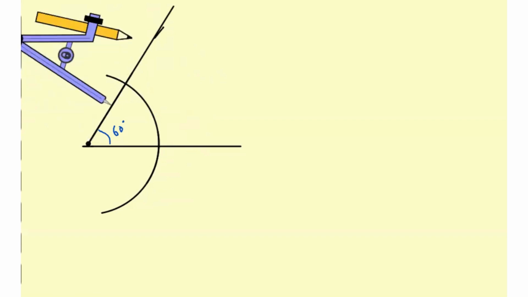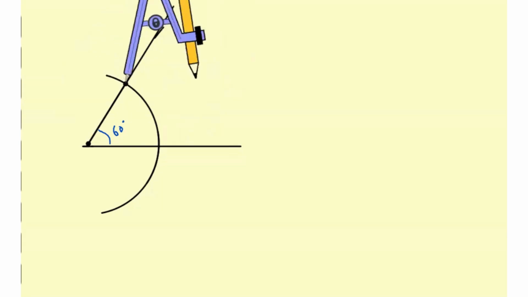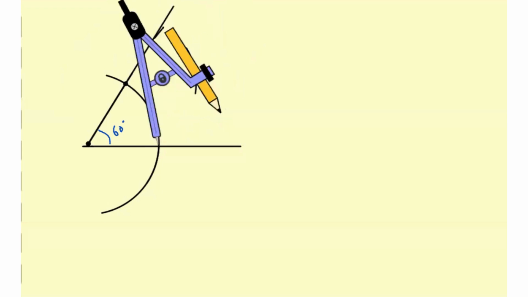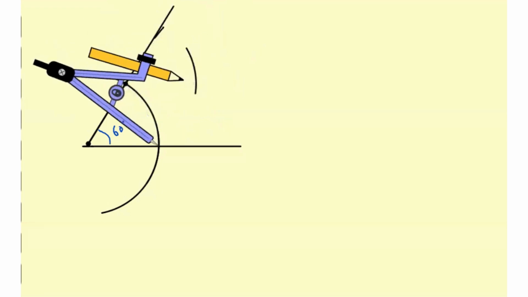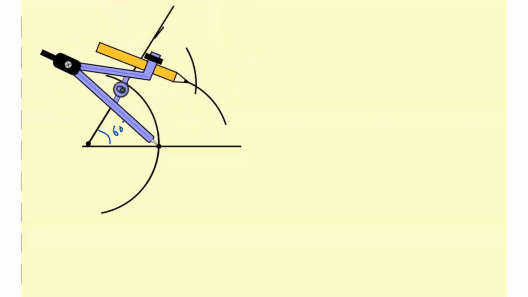Then I'm going to move the compass to the point where we drew the arc, and draw another arc over here, and another over here. As you can see, we have an intersection of 2 arcs.